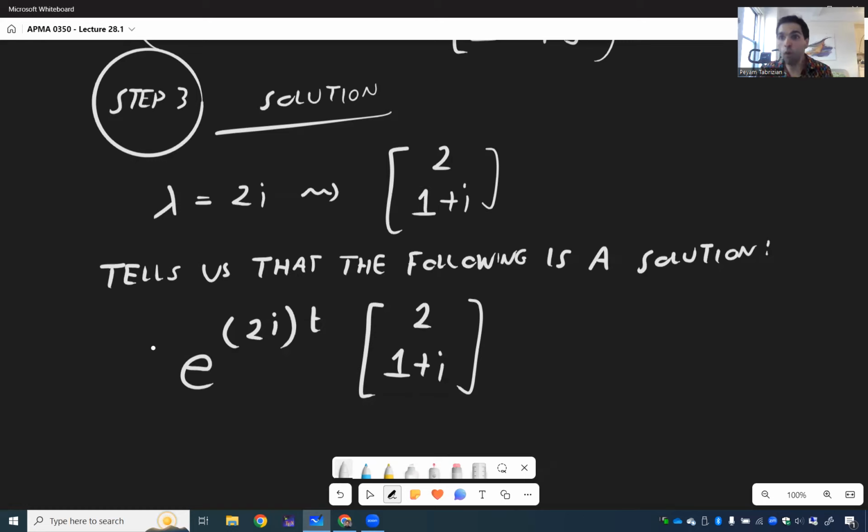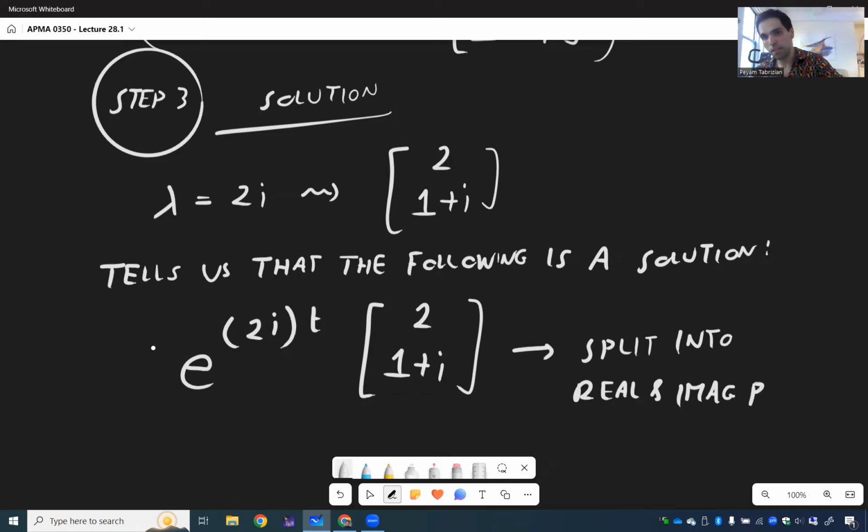And just as before for complex roots, all we want to do is split this into real and imaginary parts.